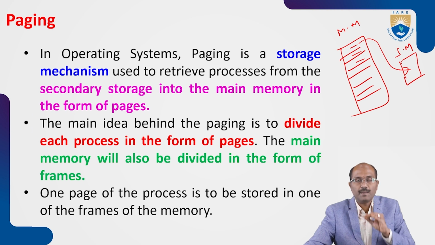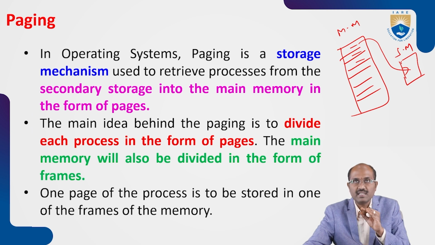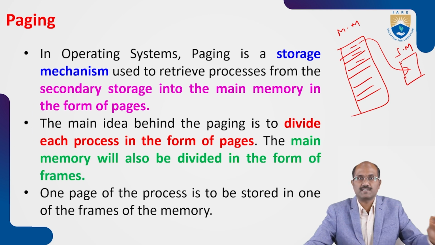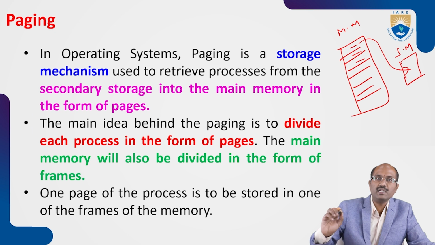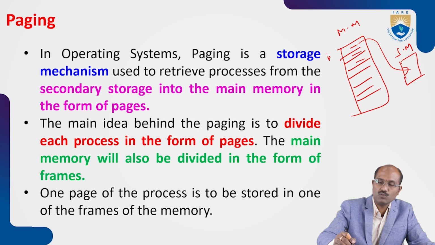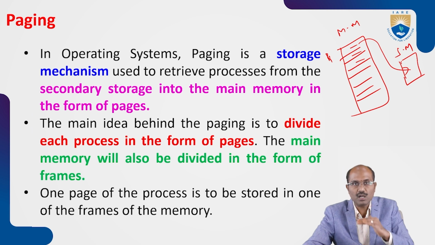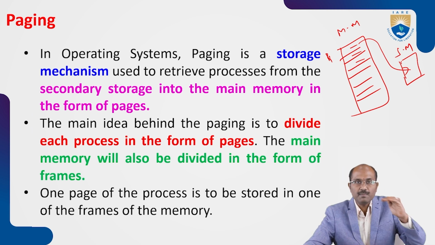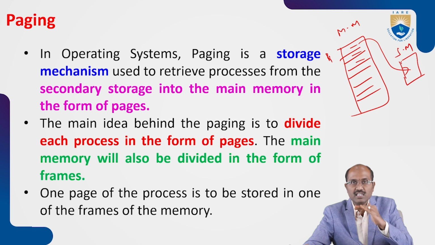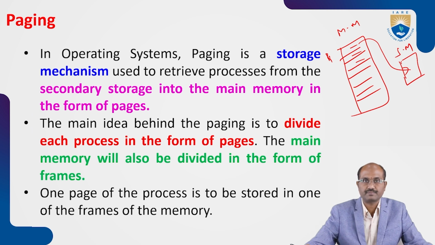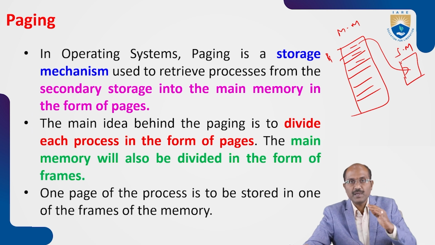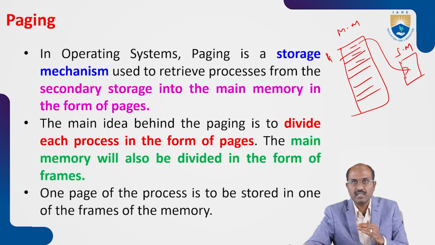The main idea behind paging is to divide each process into pages. Here in memory there is a process P1. That process P1 is divided into a number of pages. The main memory is also divided into frames.